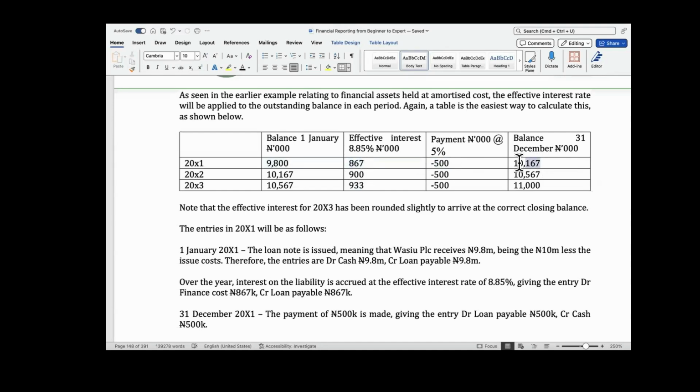This 10,167 in the first year is a non-current liability. In the second year it becomes current because we are paying it next year, and it's current in the third year. So as soon as we pay, we just credit bank, debit the financial liability with 11 million. This goes off our books. Any questions?